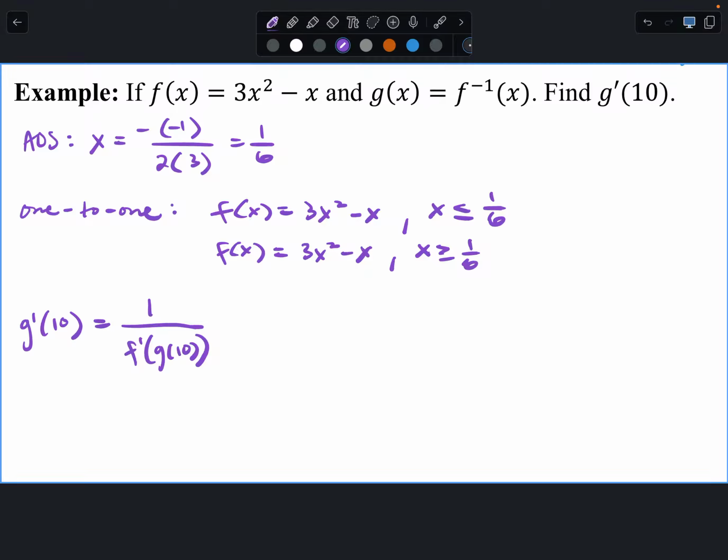If we're thinking about f and g, we want to find g of 10, which will correspond to whatever that value is, comma 10, on the graph of f. So essentially we want to think about setting f equal to 10.